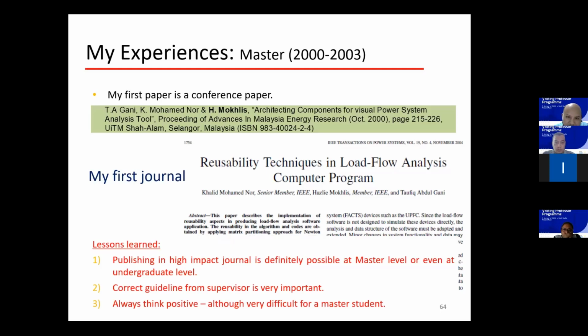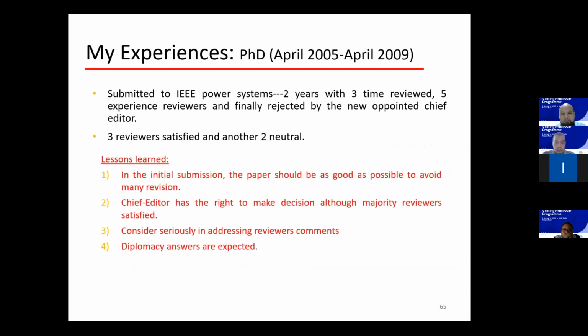When I did my PhD in Manchester, 2005 to 2009, I tried to submit to IEEE Power Systems. The process took 2 years with 3 rounds of review and 5 experienced reviewers, and finally the paper was rejected when a new chief editor was appointed, maybe because it took too long and they didn't want to keep the paper going.